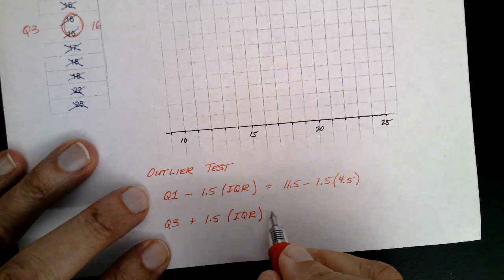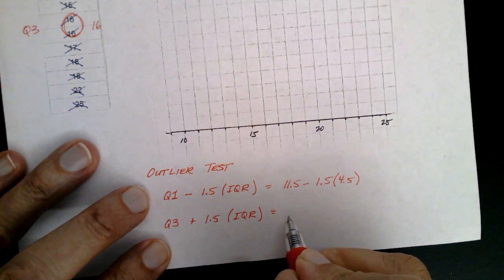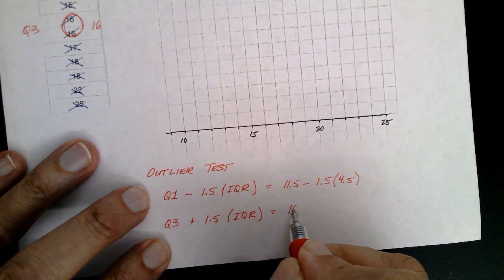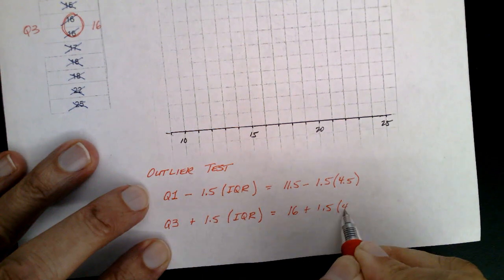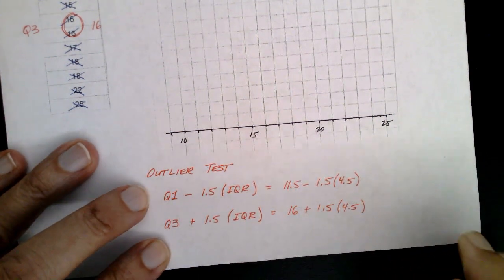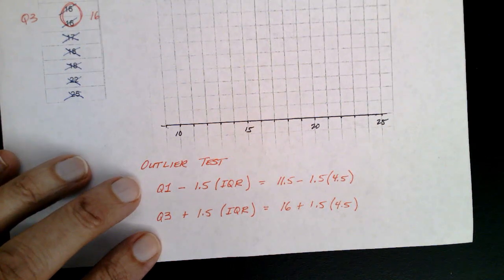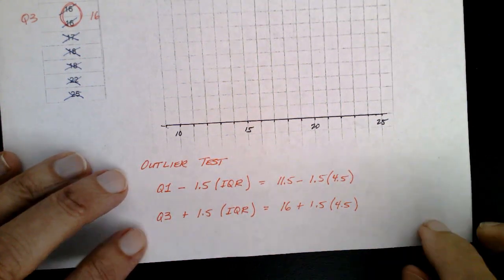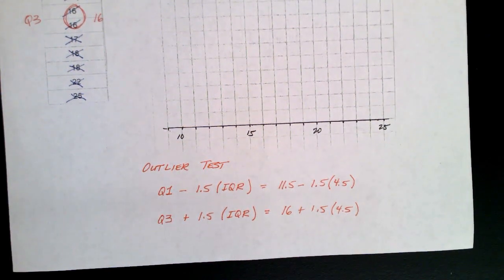And then the upper test would be, let's see, quartile 3 of 16 plus 1.5 times 4.5. The rest of this I've left on the answer key, so you can take a look at that when you have time. So hopefully this gives you a little more information on how to work with histograms and box plots.